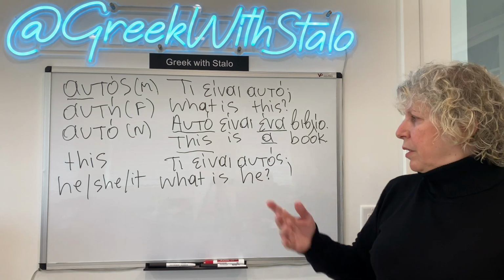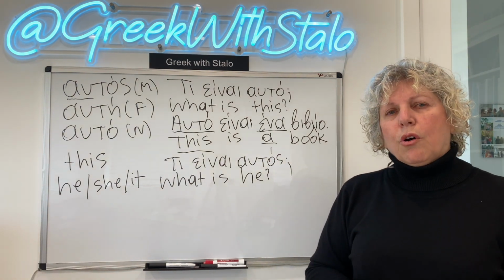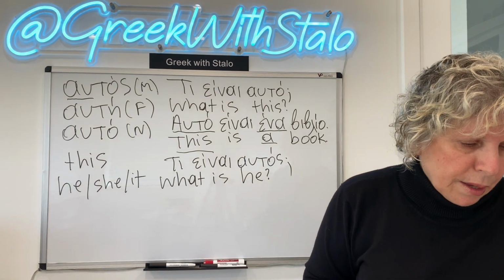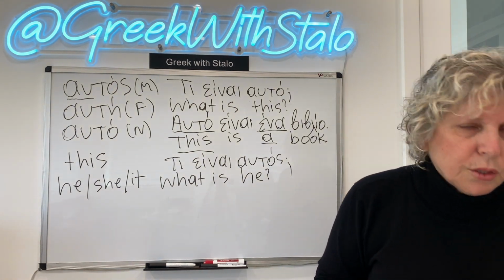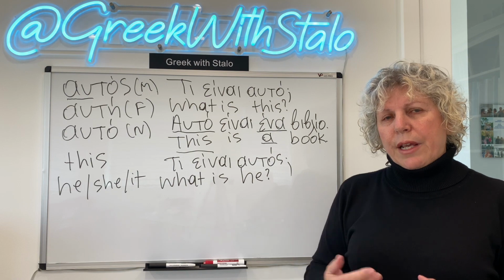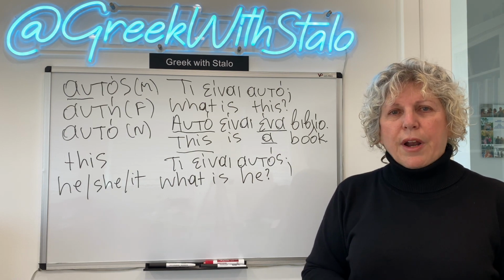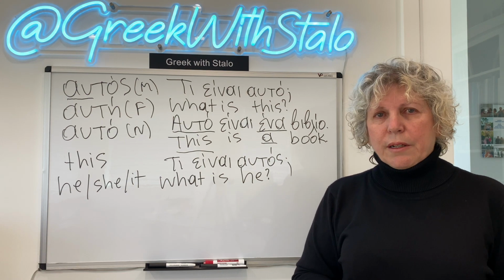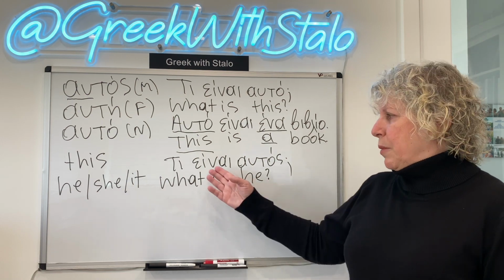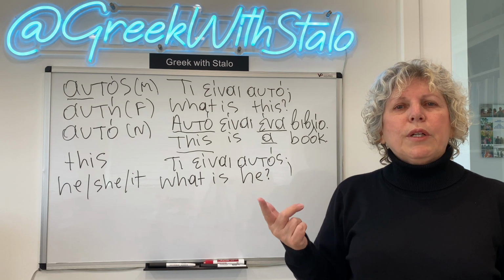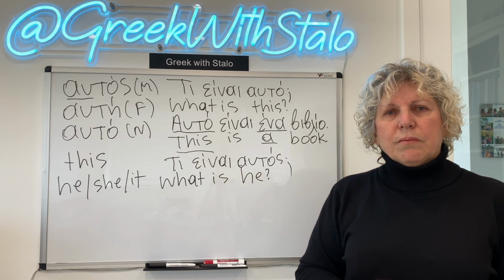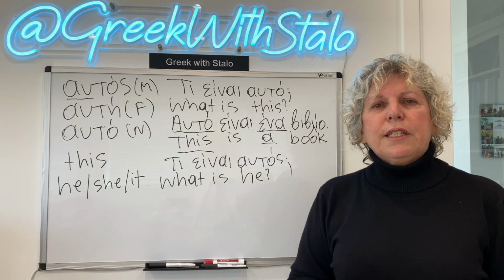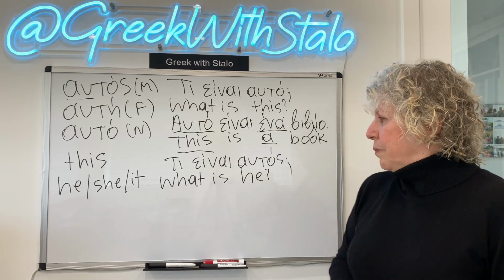It can refer to his job or to his character or, let's see, to his nationality. He's Greek or he's American, he's French. It can also refer to his political views. So it can really mean a lot of things when you say, what is he? What's his nationality, or what's his job, or what are his political views?